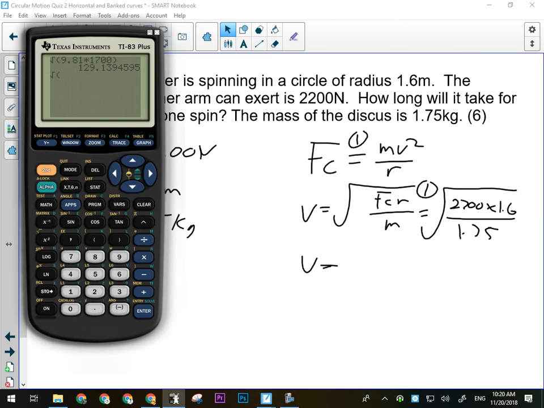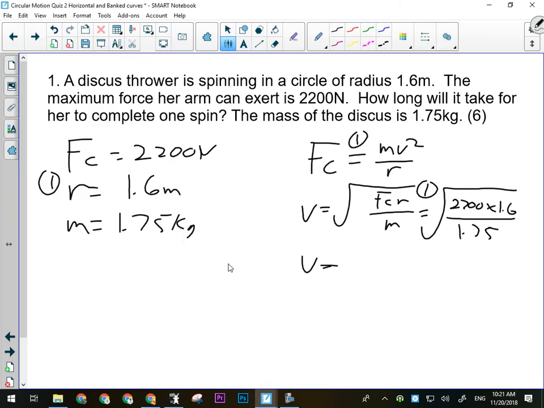So the square root of 2,200 times 1.6, divided by 1.75. We're looking at a speed here of 44.84 meters per second.